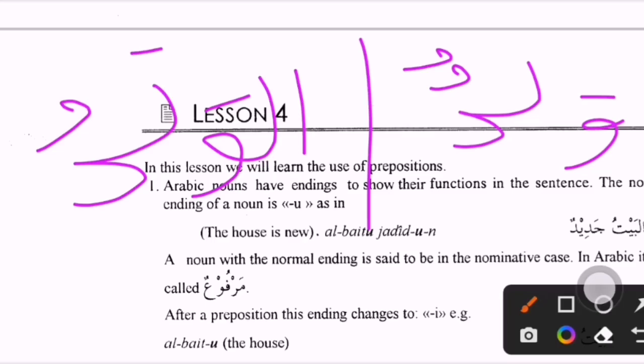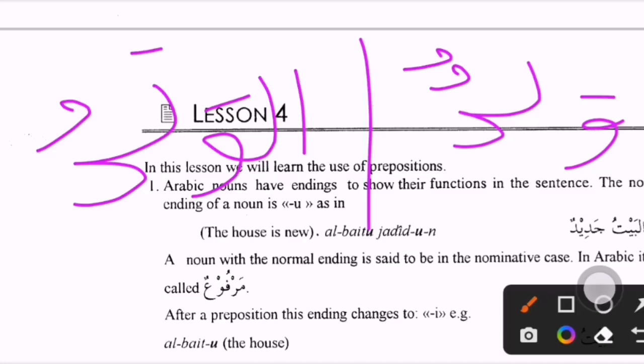Before you say that, something should have happened before that, because basically your noun should end with nominative case, like we have it on the screen, using walad as an example. Do you understand?